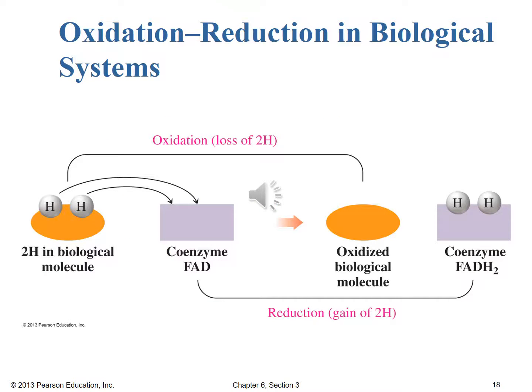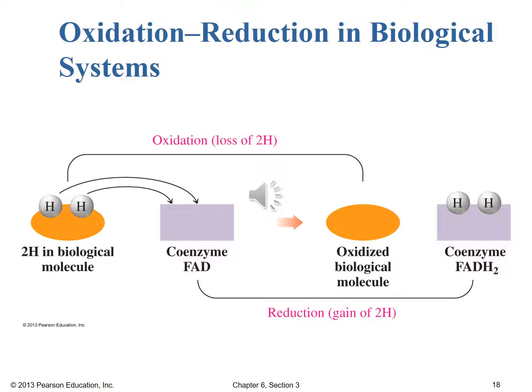We could have picked any number of oxidation reduction and biological system examples, but here we happen to be looking at some biomolecule that's reacting with the coenzyme FAD. So that biological molecule is going to transfer 2 H's to the coenzyme, and therefore it's going to be oxidized. The biological molecule itself is oxidized because it's losing hydrogen. It's also losing electrons as well, but again, in biological systems, we tend to follow the hydrogens more than the electrons.